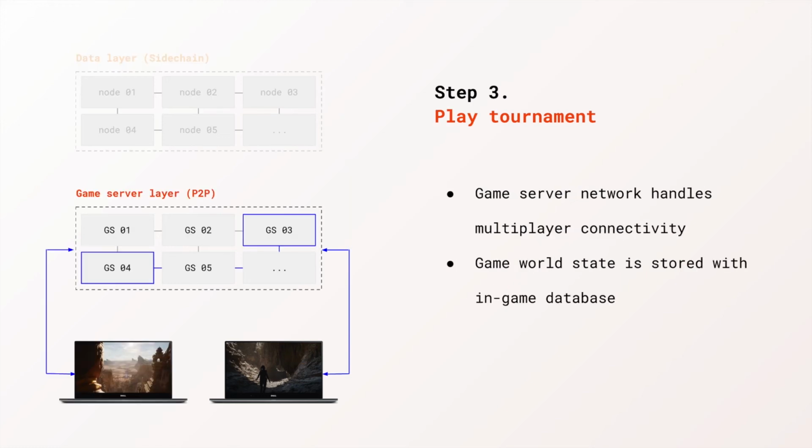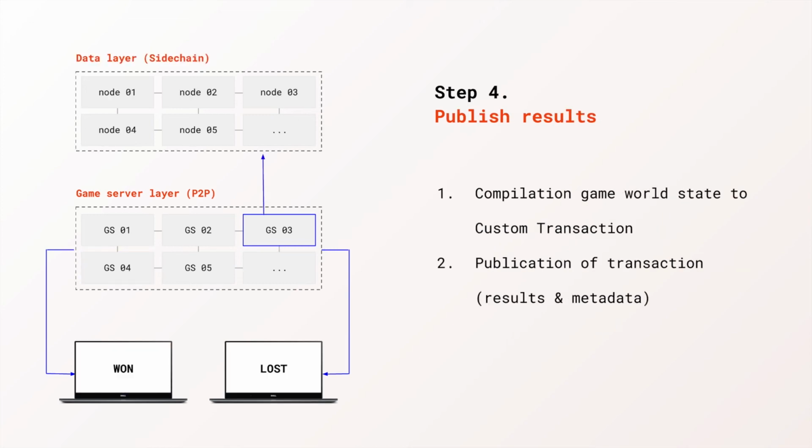Step 3 is actually to play the tournament in our architecture. Our game server layer handles multiplayer connectivity, and the game world state is stored in an in-game database. The player will play his tournament and maybe die, maybe win. Publishing results will also go automatically, as we have authoritative game servers that are responsible for publishing the results.